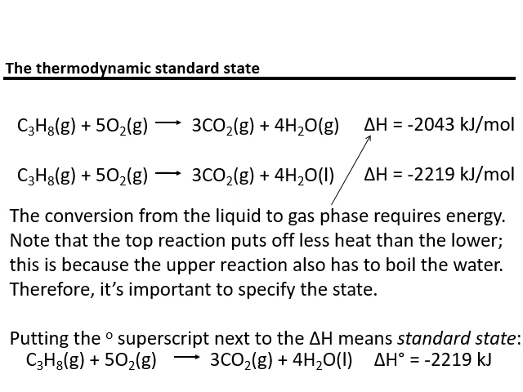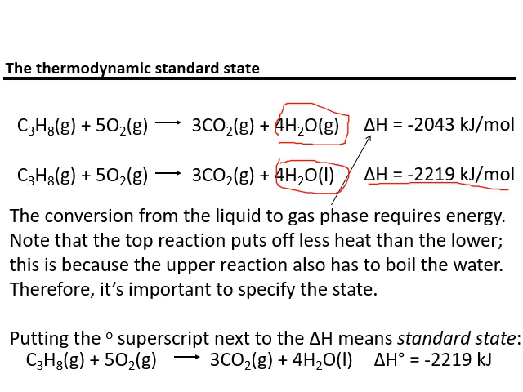It's actually the same reaction, but we're getting a slightly different result. Because what we're doing here on top is we're producing water in the vapor phase, whereas in this reaction, we're producing water in the liquid phase. So, for example, here, the heat that's put off if we produce the water in the liquid phase is 2,219 joules.